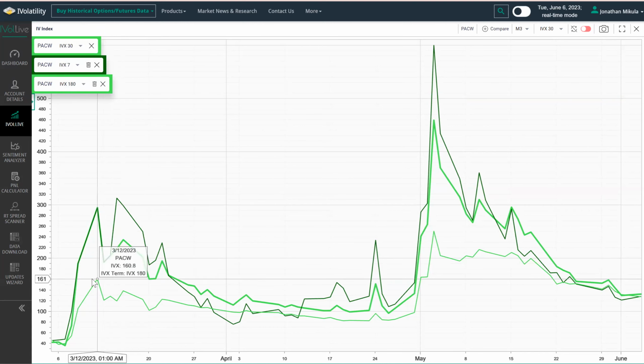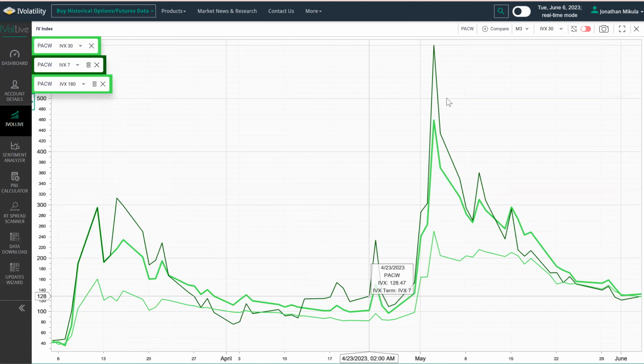What was interesting is I was looking at the chart, and you can see there's these periods where 7 days out, volatility went nuts for Pacific West Bancorp, and that makes sense because at that time, May 3rd, nobody knew if this company was going to get taken over by the feds. So there's this huge spike in short-term volatility.